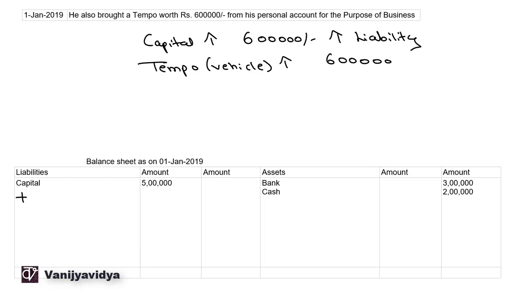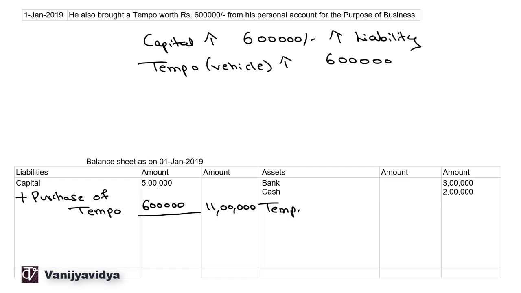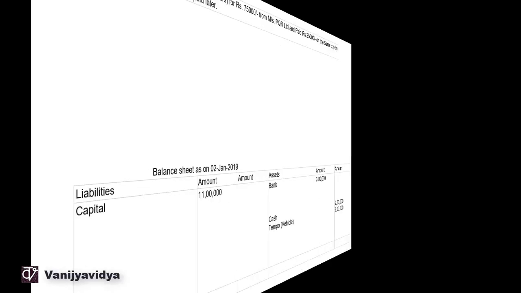So this is the balance sheet, add purchase of tempo, 6 lakhs. So that comes to 11 lakhs. And there is an additional asset. So on the asset side, tempo, vehicle. This is a fixed asset, 6 lakhs. So total of liability side is 11 lakhs. Total of asset side is 11 lakhs. Now let's move on to the next transaction.